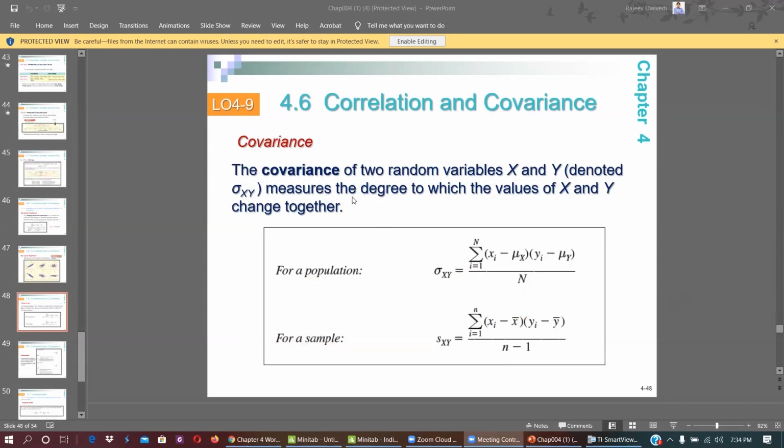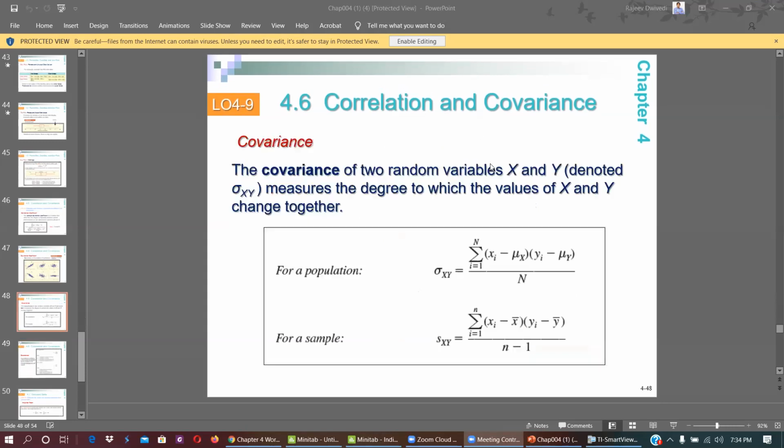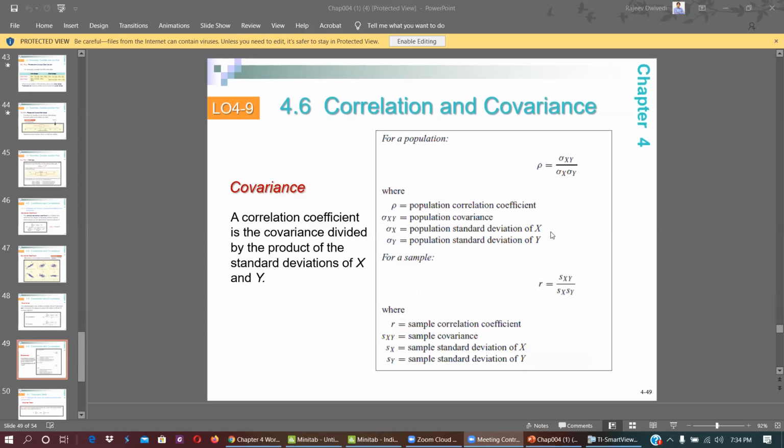For the population, covariance is another thing, which is represented by this. For correlation and covariance, sigma x y here is for the population. The correlation coefficient is the covariance divided by the product of the standard deviations of x and y.